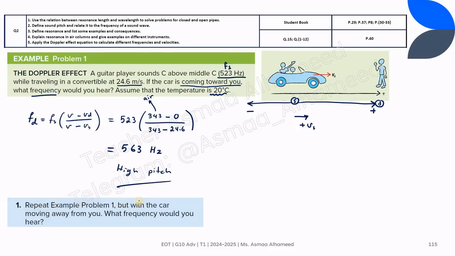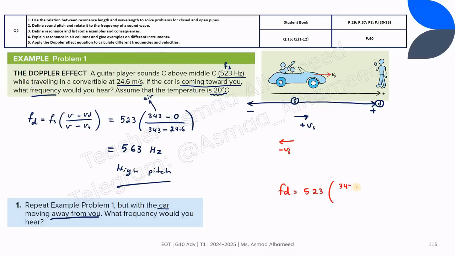Now here it says repeat example 1 problem but with the car moving away from you. If it's moving away from you, it means that your velocity Vs is in the negative direction. Now what do you hear? Same thing, but now we will have a positive in the denominator. So we substitute 523.